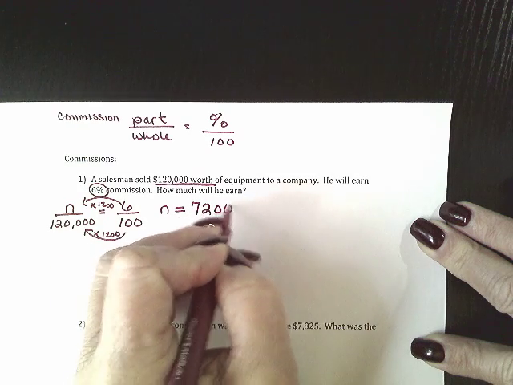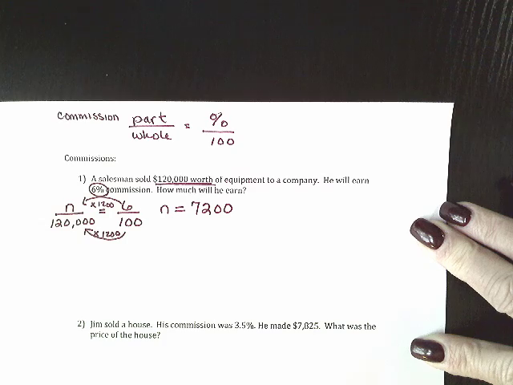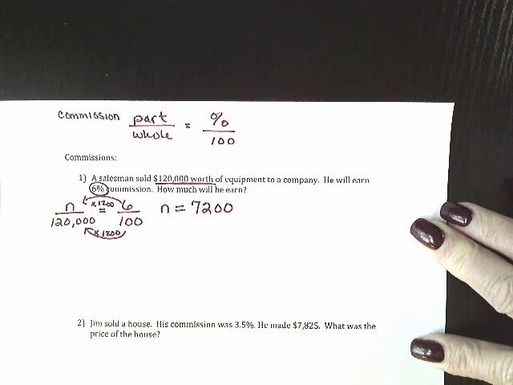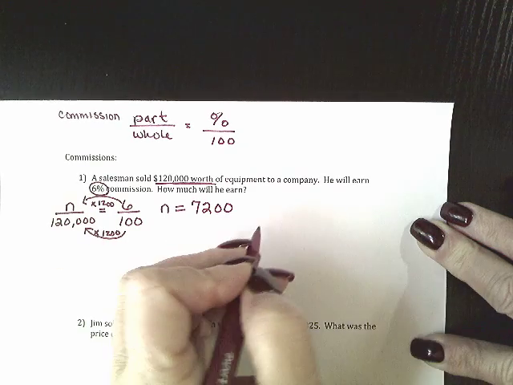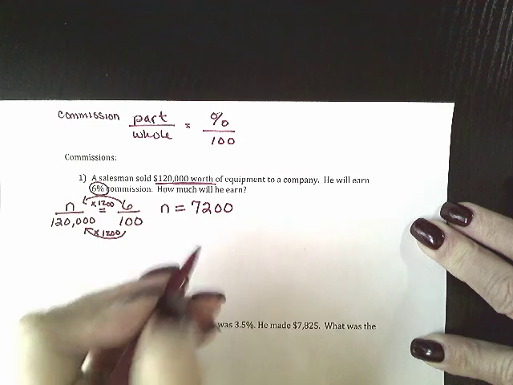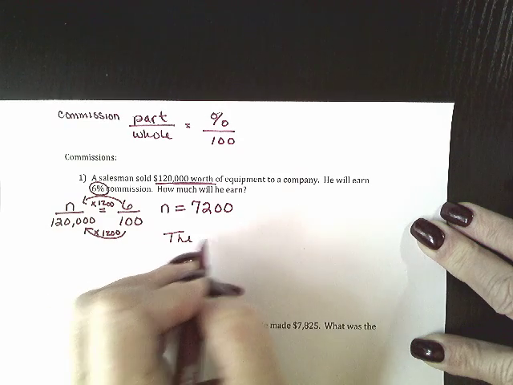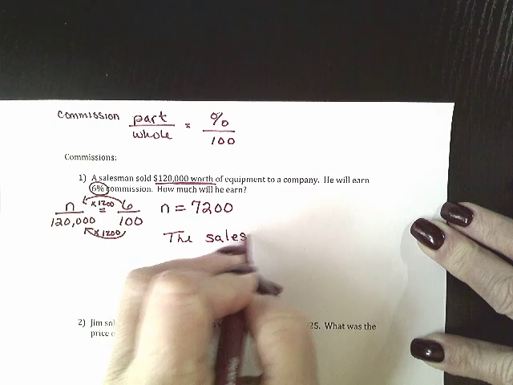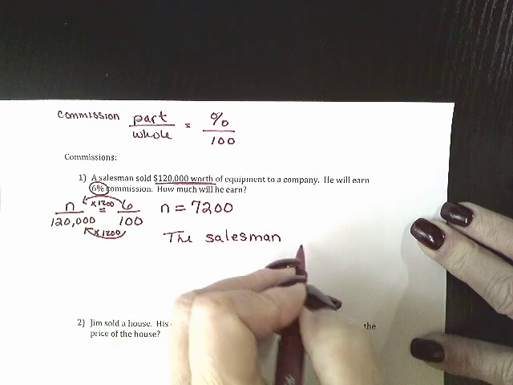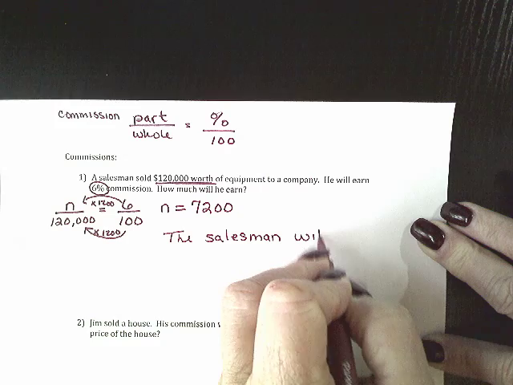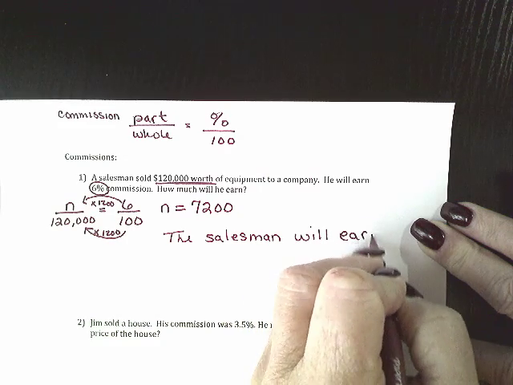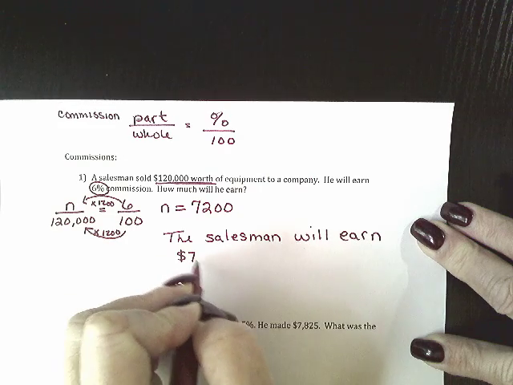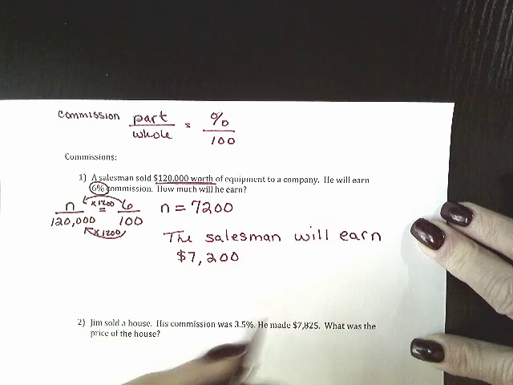Now, if you are more comfortable cross multiplying and dividing, you certainly can use that strategy every single time. All right, so now you need your final sentence. The salesman will earn $7,200 in commission.